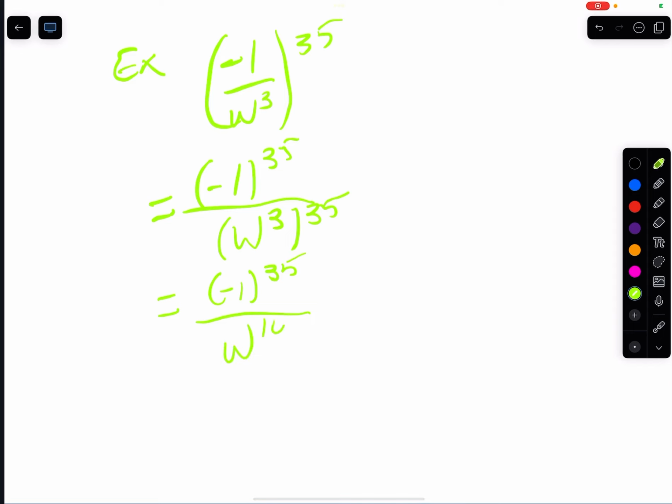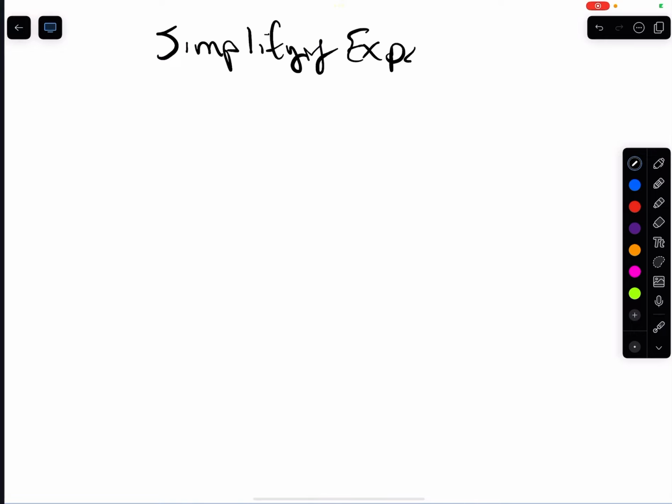I believe that gives us w to the 105 power. Check that and make sure. Use your calculator. Okay. Now, we've used a lot of rules and we've learned a lot of rules. Now we need to move to use all of those rules to simplifying exponential expressions.